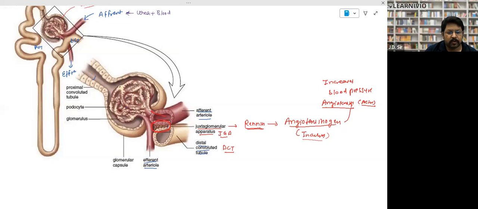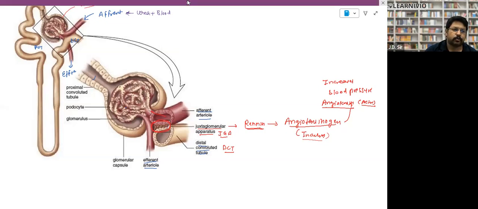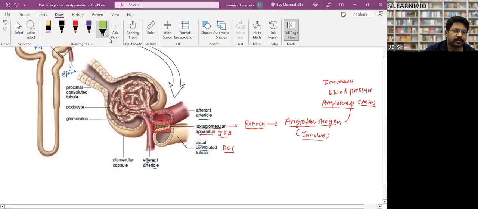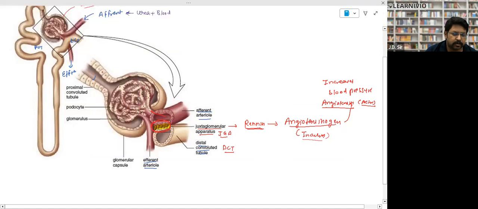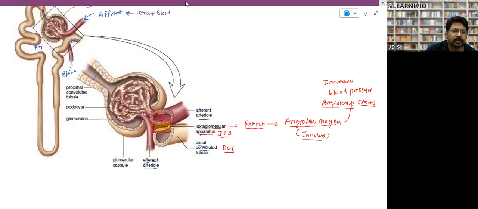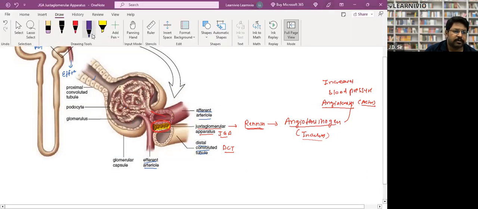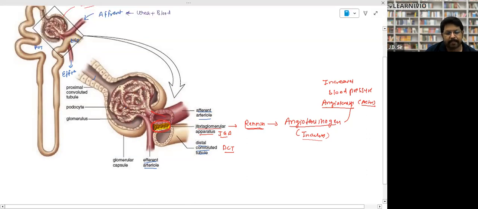Now between them there are certain cells. You can see between them there are certain cells. These cells are basically these cells, which I have colored yellow. These cells are basically meant for producing some enzyme hormones.